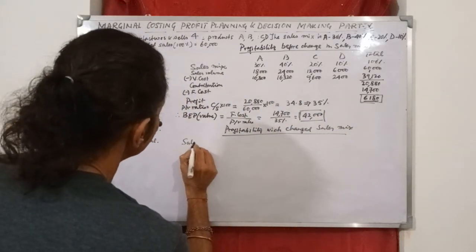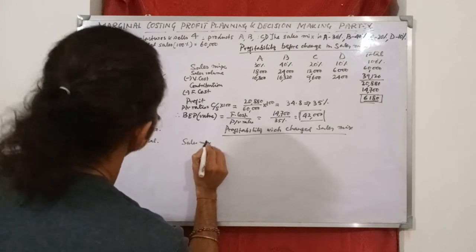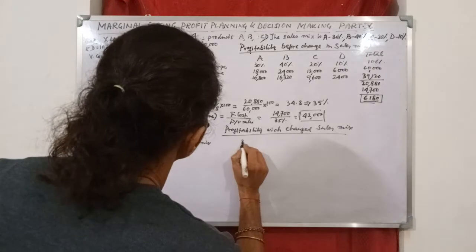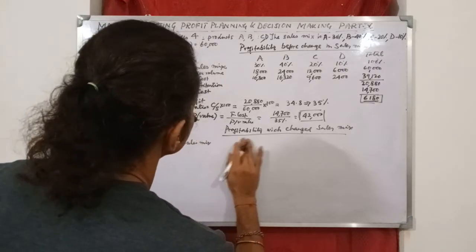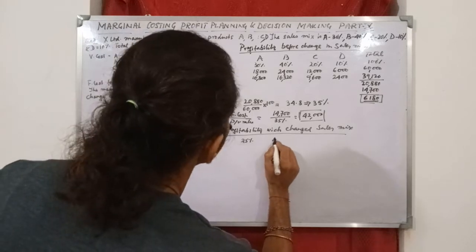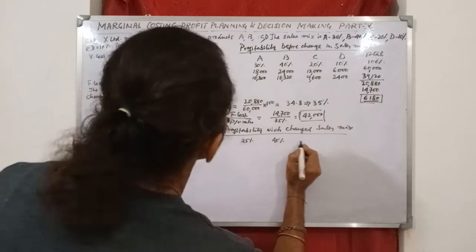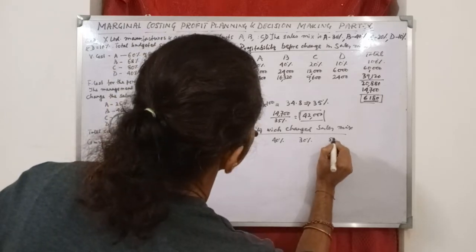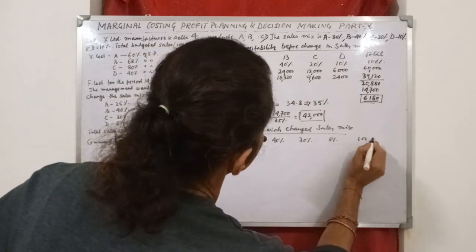What is the proposed sales mix? 25, 40, 30 and 5. 25% A, B 40%, C 30% and D 5%. Total is 100%.